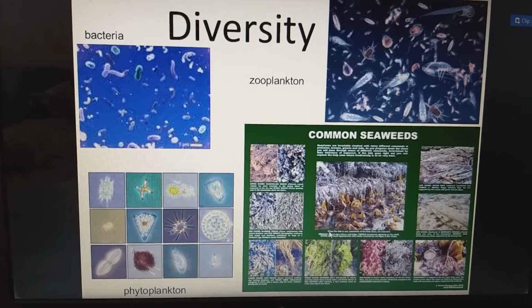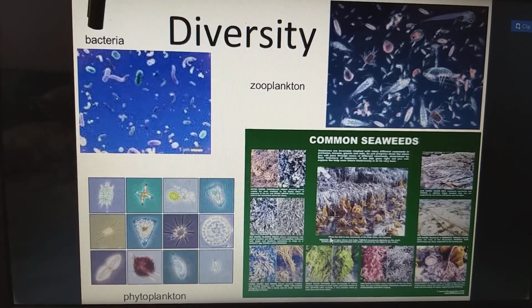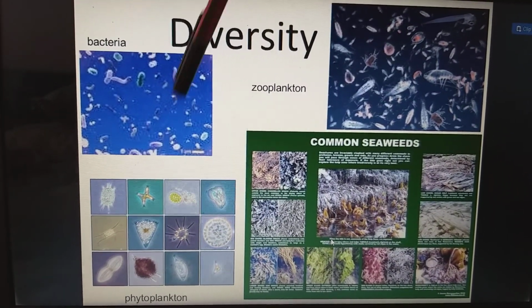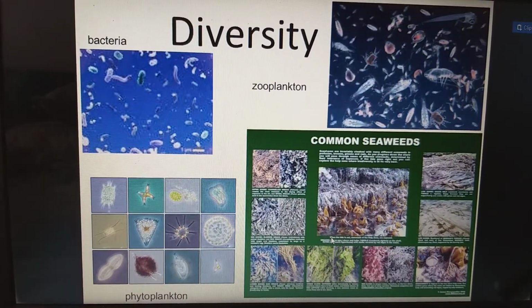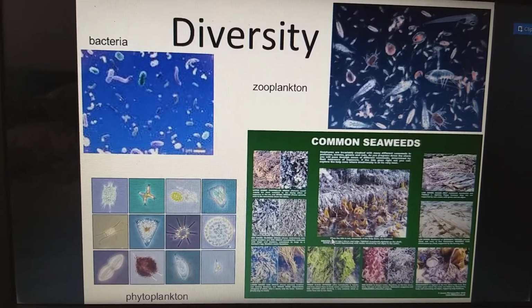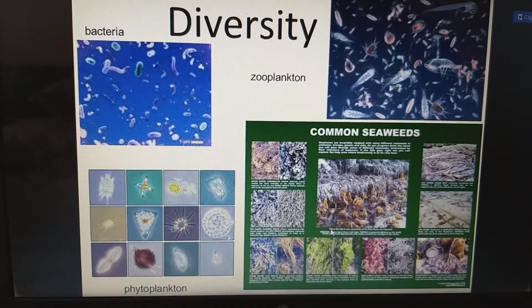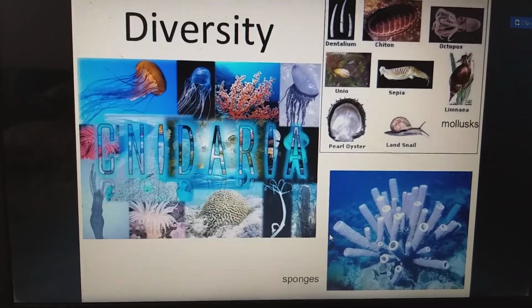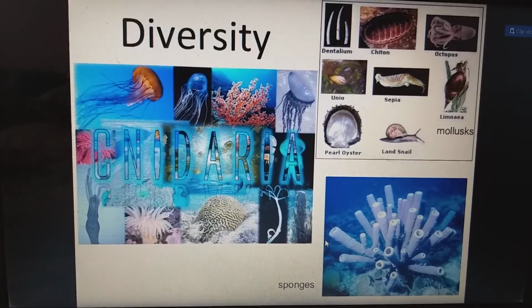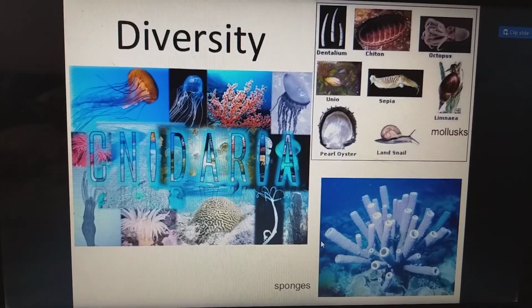For example, in this picture, it is clear that we have bacteria, zooplanktons, phytoplanktons, and common seaweeds. All these things are different from each other, that we call diversity. In this picture also you can see the cnidarians, mollusks, sponges.